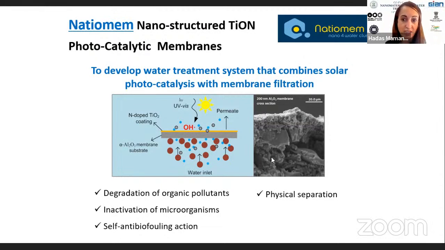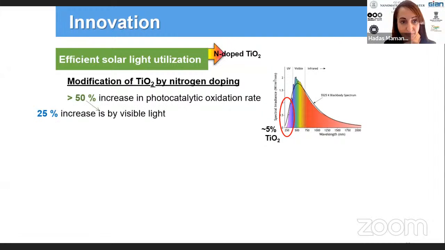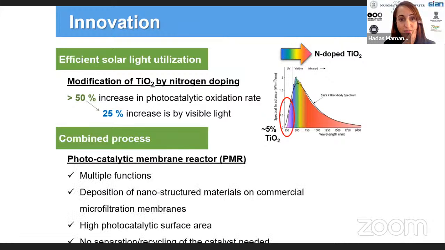And we had all these different goals in mind. We modified the titanium dioxide by nitrogen doping, and it increased the photocatalytic oxidation rate. So we had a 50% increase in the rate, 25% of it from visible light.